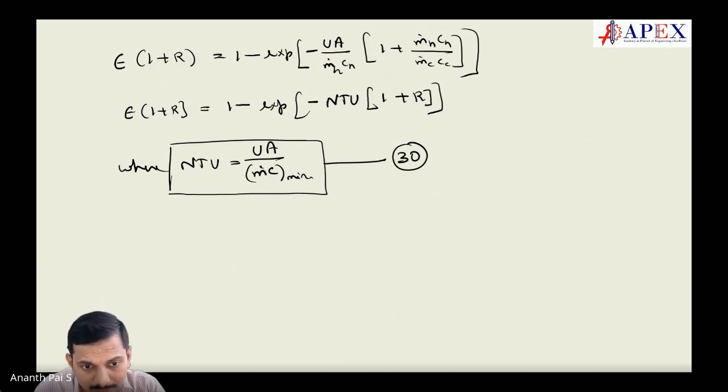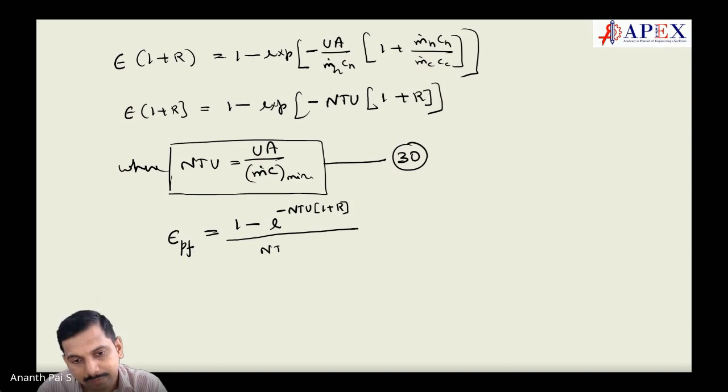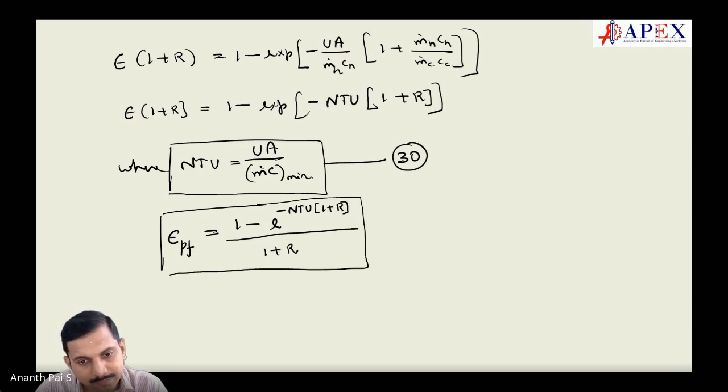Now epsilon for parallel flow, PF means parallel flow, can be given as 1 minus e power minus NTU into 1 plus R, divided by 1 plus R. Write it neatly, students, because this is very important. What is NTU?